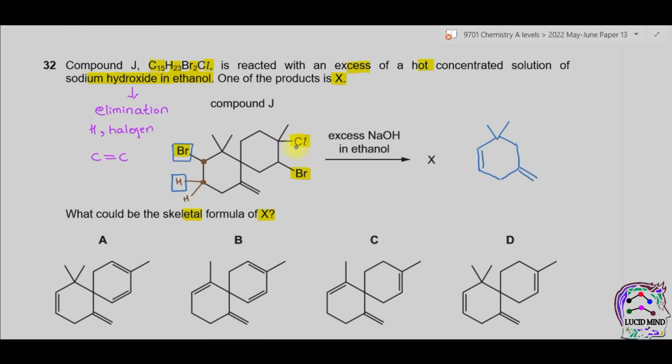Now looking on the second part, we can see this carbon that has chlorine does not have any hydrogen atom. But this carbon has again got two hydrogen atoms. So one hydrogen atom will be removed with one chlorine, so there will be a double bond between these two carbons. So there is going to be a double bond here.